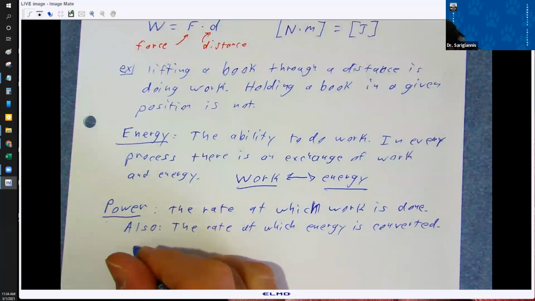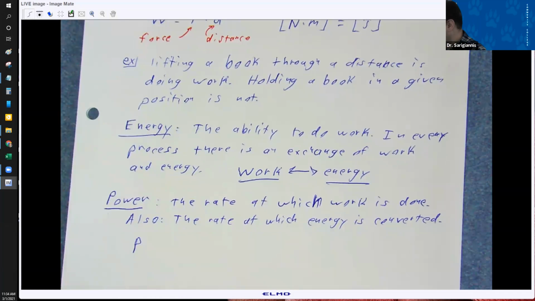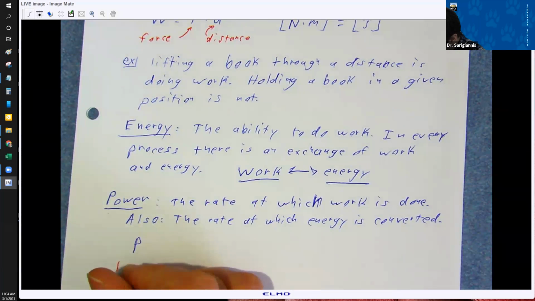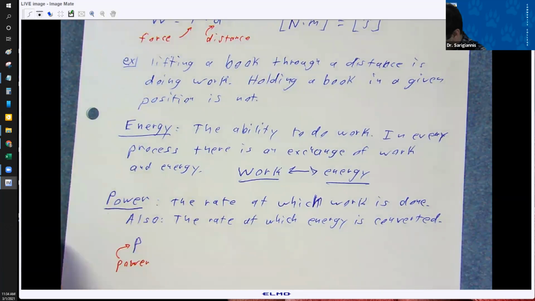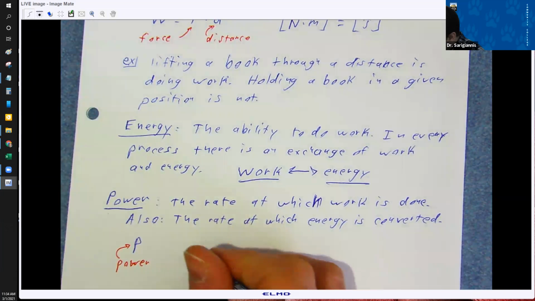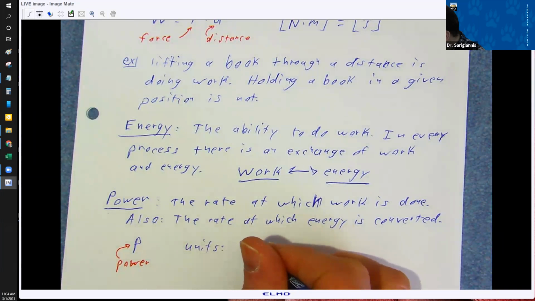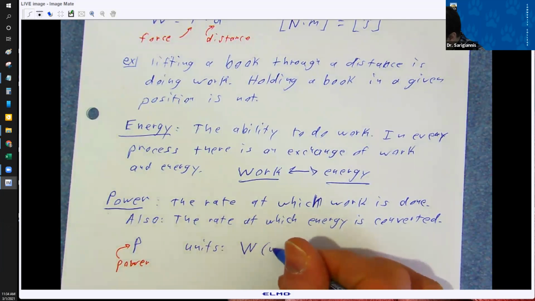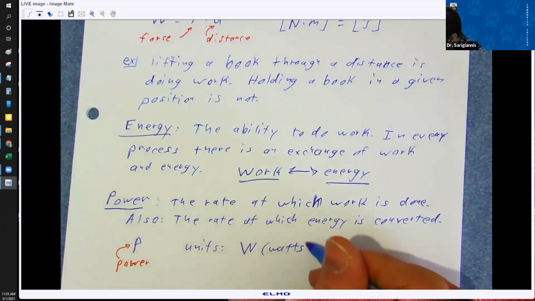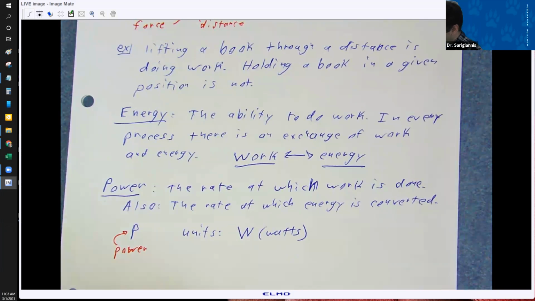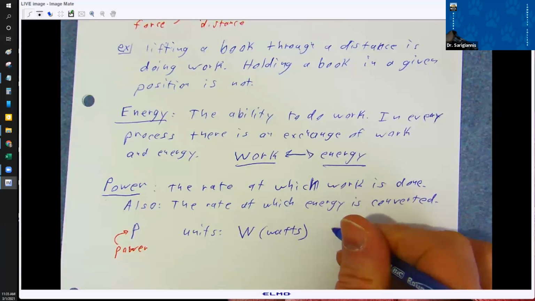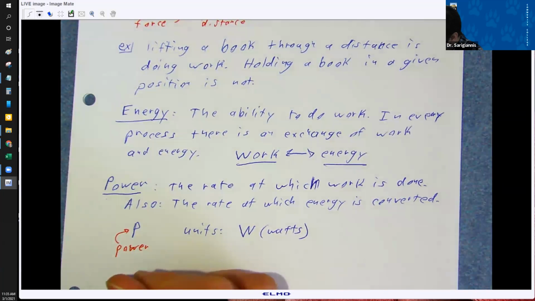And the units on this: power, P is the variable. The units are W for watts. Let me write this out here.